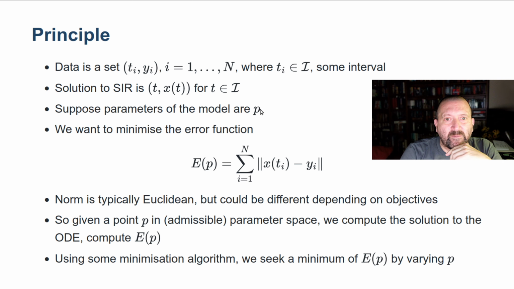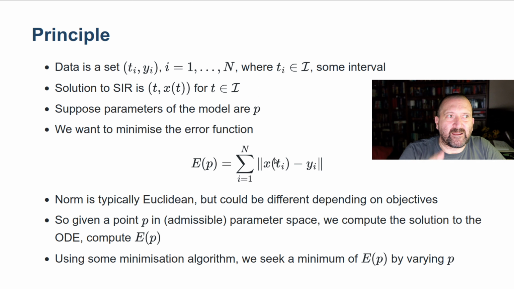The model parameters are p, and we want to minimize the error function, which is given by, okay, so these are the data points, 1 to n, so there's n data points, and I want to minimize the difference between them. The ti are the points at which we have information, where the data points are located.